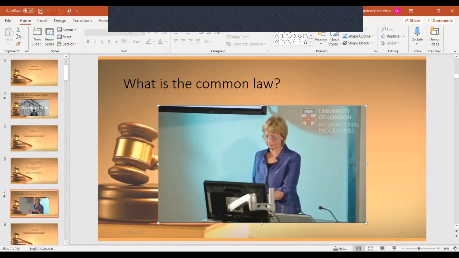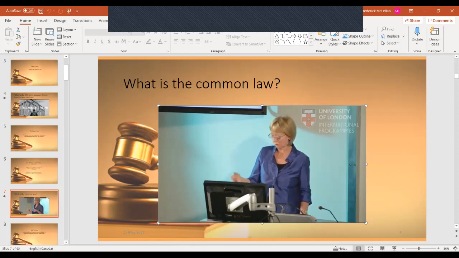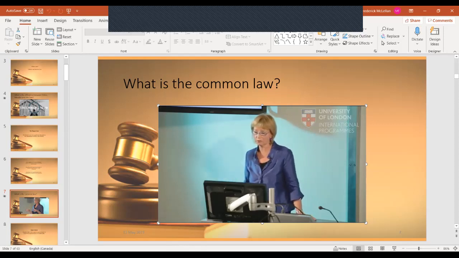We'll look at the development of the modern jury later on, but again, it's interesting to reflect that the roots of the jury go back to William the Conqueror, and the criminal jury goes back to Henry II. So some further reflections.